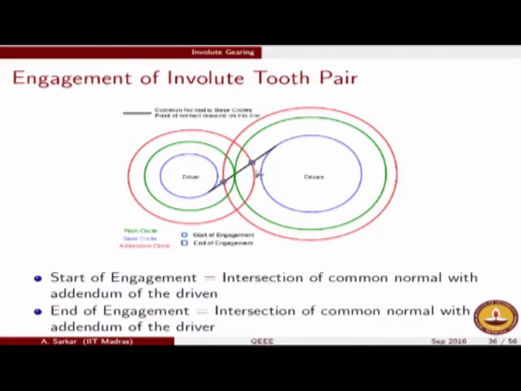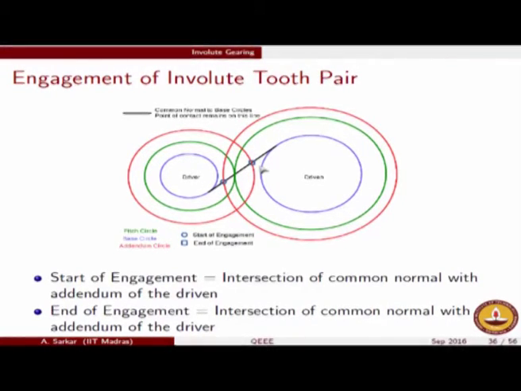So this is like the last point where the driver gear is having any grip. The driver gear is having the last engagement with the driven gear at the point of its addendum. And we know the point of contact anyway has to lie on this black line, which is the common internal tangent between the two base circles.